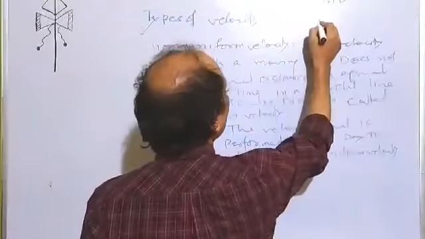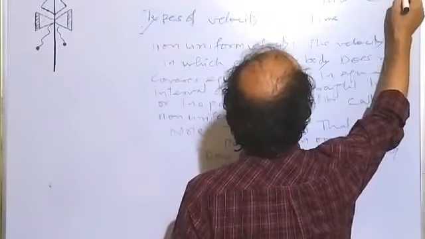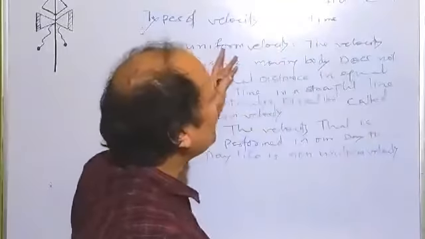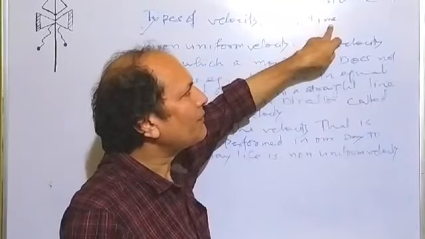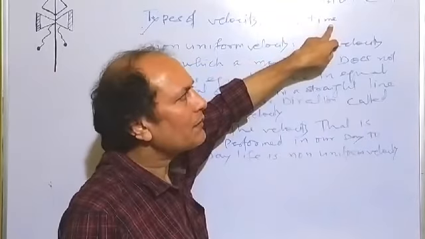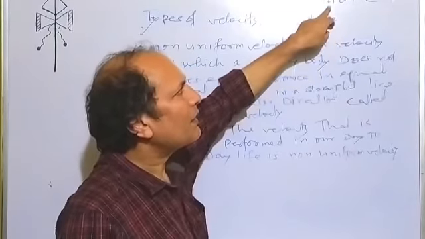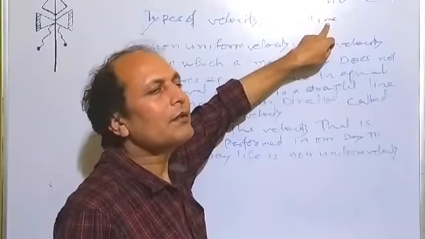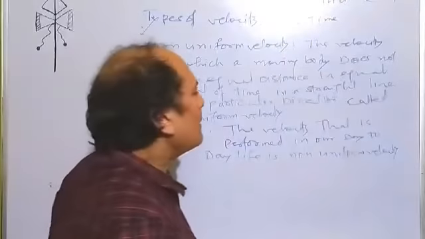So we can say that if a moving body covers equal distance in different intervals of time in a particular direction, or a body covers unequal distance in equal intervals of time in a particular direction, both are examples of non-uniform velocity.